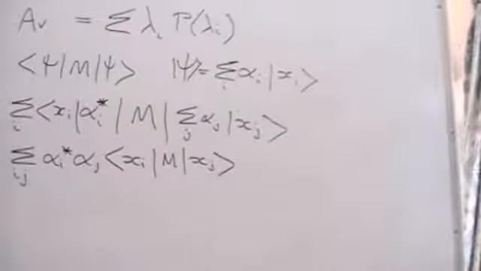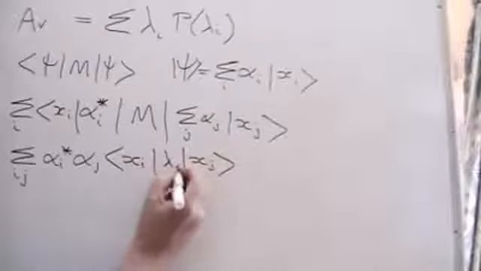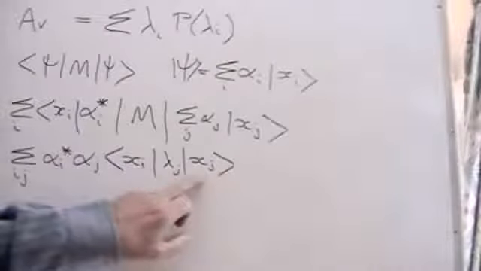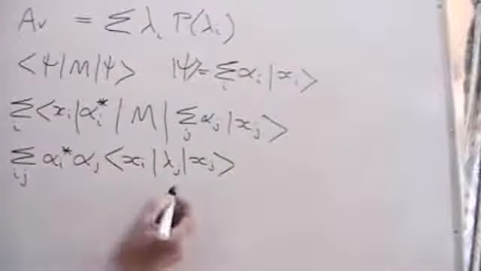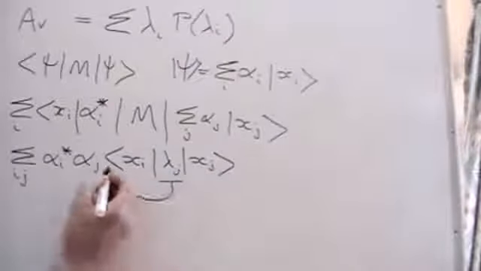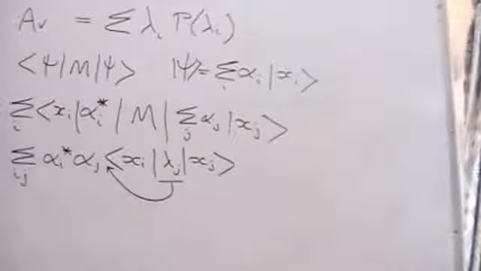Well, we know that when m acts on xj, that will simply give us lambda j, because that's exactly what a Hermitian operator does on a basis vector. It will give us the lambda of that basis vector. And that number is just a number, so that can come outside here. And that just gives us the inner product of xi with xj.